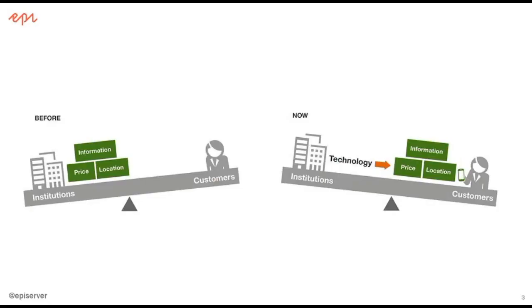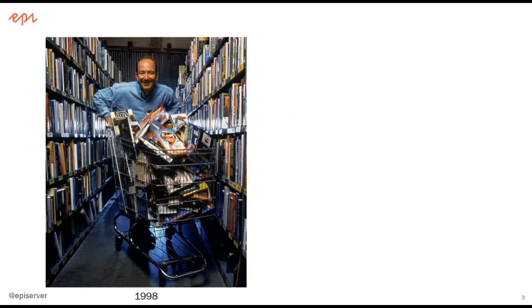Many of you may have seen this before. If you haven't, it's pretty obvious that customers now have a lot more power than they did in the past. They have access to information, product data, price, location, and consumers. And one of the guys who's taken most advantage of this is Jeff Bezos.